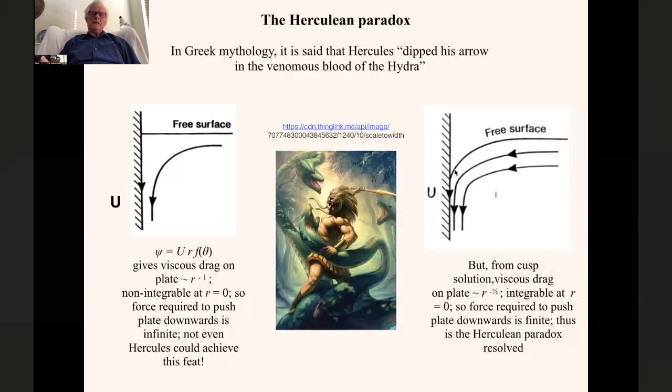But the singularity for that solution is in fact like r to the minus 1/2 as r goes to 0 at this point here. And this is now integrable, so that the force required to push the plate downwards is finite. And in this way, the Herculean paradox, as it's called, can be resolved.